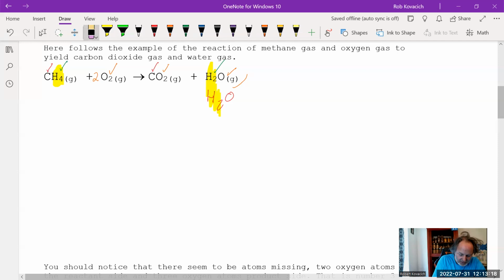so let me erase everything else and see what we've got. So this was an H2O. So I'm going to combine these like terms. I'll just leave it as it was.